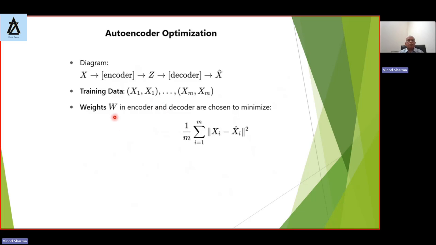And we want weights W in the encoder and decoder in such a way that for these M data, the sum over i equals 1 to M, times 1 by M, of the norm of Xi minus Xi hat squared is minimized. So this represents the autoencoder decoder setup in the classical way, as well as you will see in the quantum case.